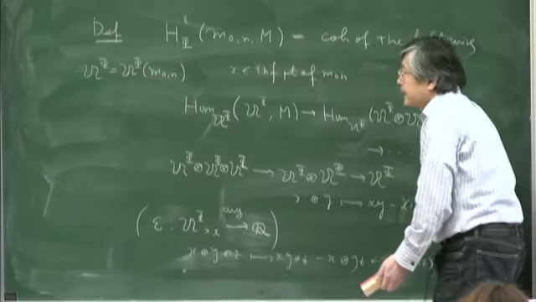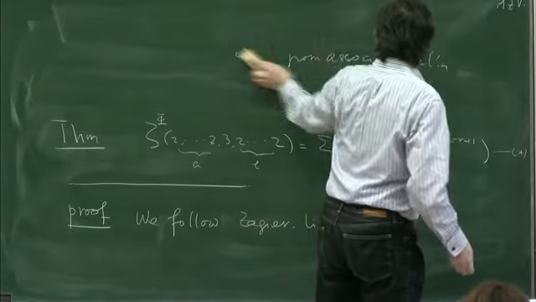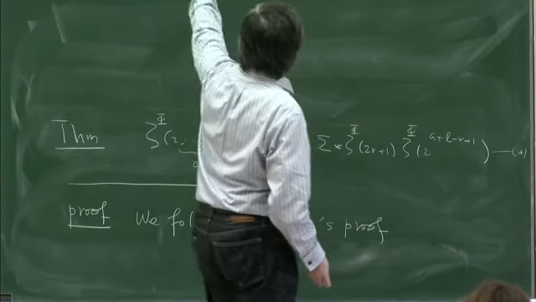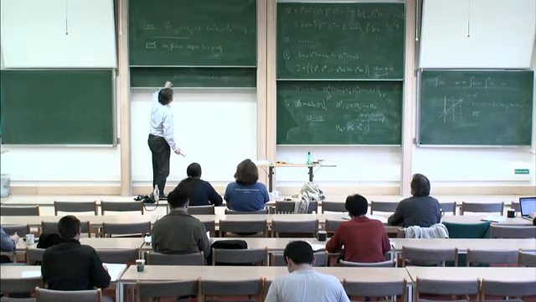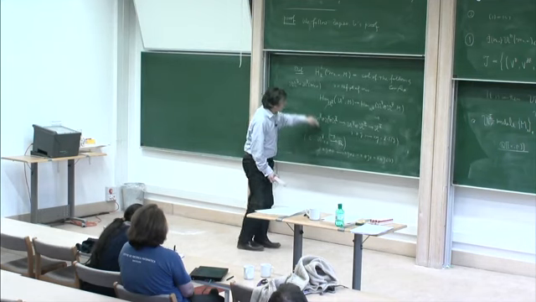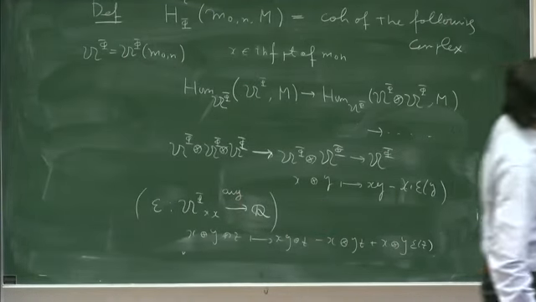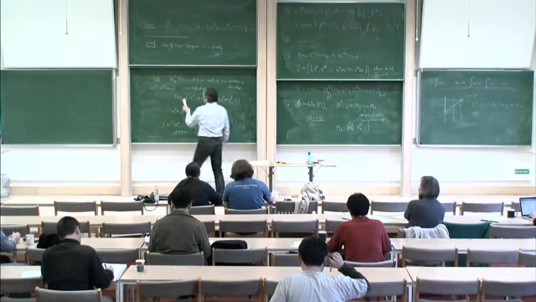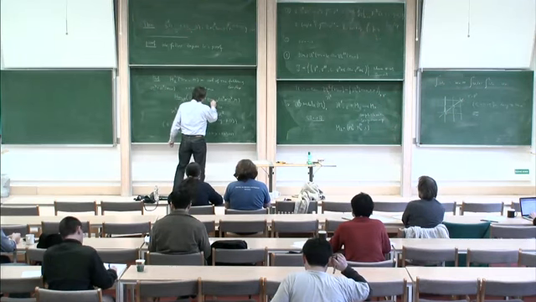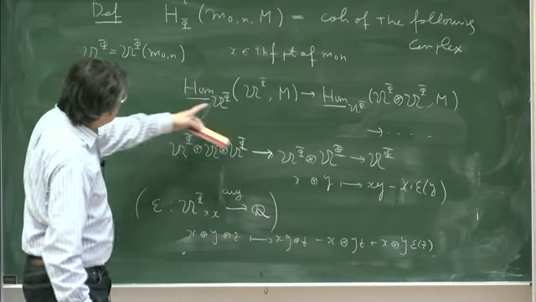The fact is that this morphism is in this category T, and therefore this is a complex in the category T. And this homomorphism is actually an inner homomorphism.